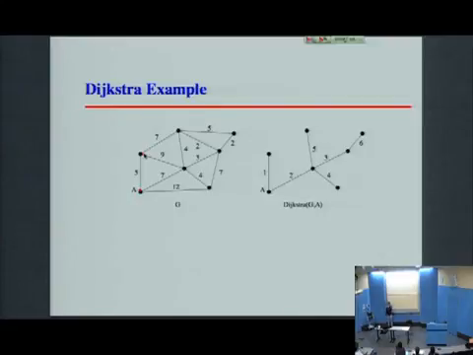Okay? So it should be obvious that we could find the shortest path from our source to everybody else. We could union them to get a short representation of the shortest paths, a concise representation. It is not obvious that it has to be a tree. Any questions? But I claim there is going to be a tree with that property, okay?